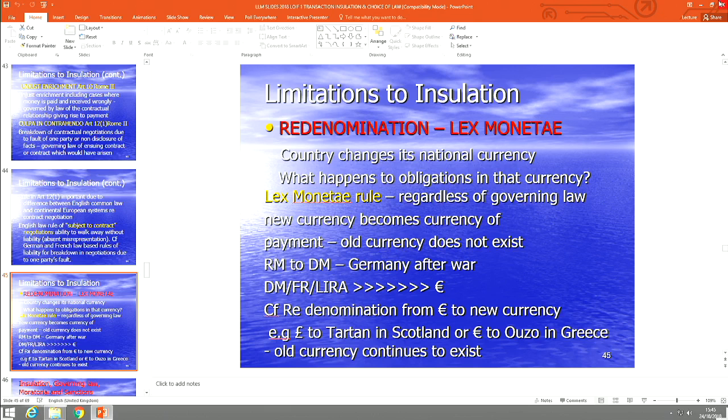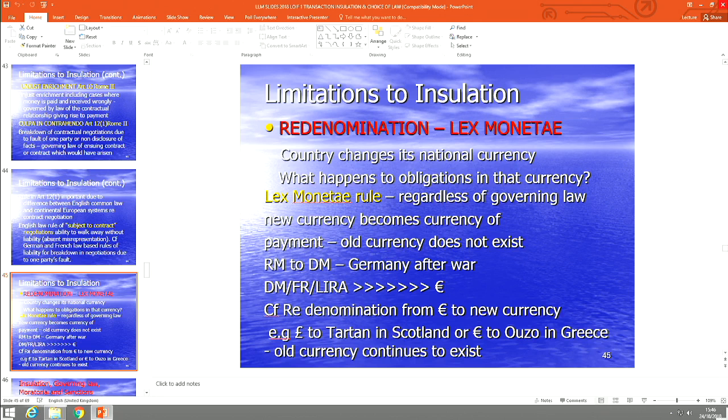And that is the conclusion of the major book on the subject, Dr. F.A. Mann's Legal Aspects of Money. I think it's in my reading list, but don't read the whole book, it's quite thick. But that's the conclusion that he comes to after a rather detailed analysis of it, that it's actually a rule of private international law, not public international law, therefore a conflict of laws rule within a chosen law system.